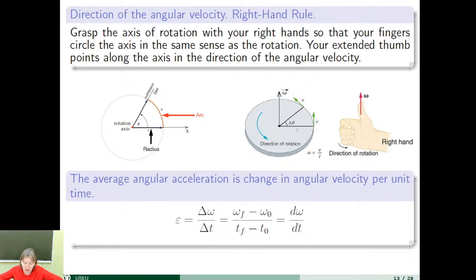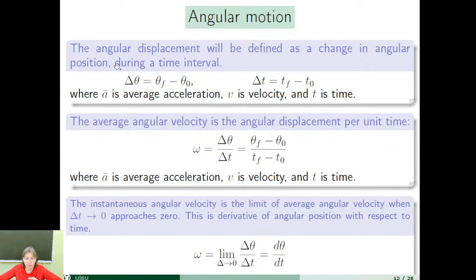Changing the angular position of the reference line from theta first to theta second, the body undergoes an angular displacement, delta theta, given by delta theta, look here, the final minus the initial position. And delta t, this is the final time minus the initial time.